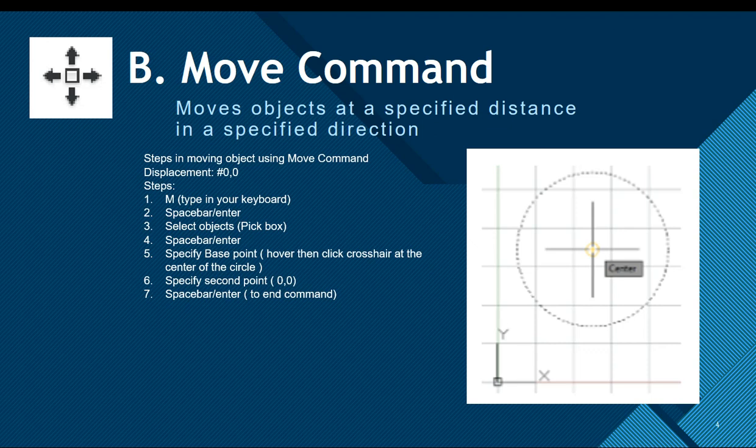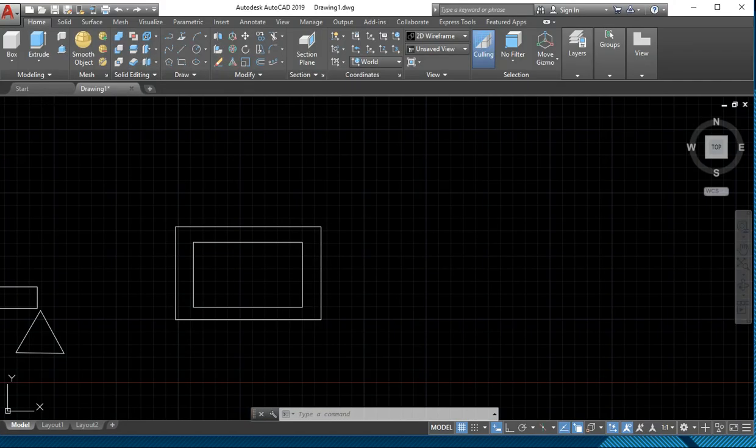Then you specify the second point where the circle will be placed, kung saan siya mapupunta. And then enter or spacebar to prompt the command. Okay, so let's try it in AutoCAD.